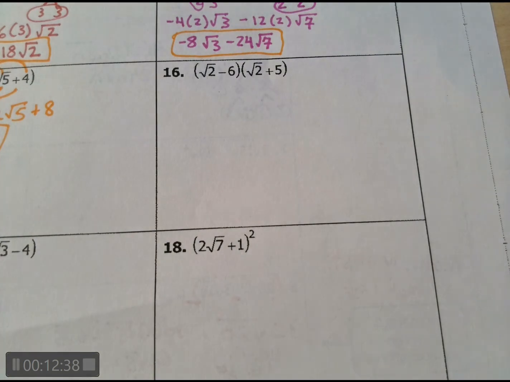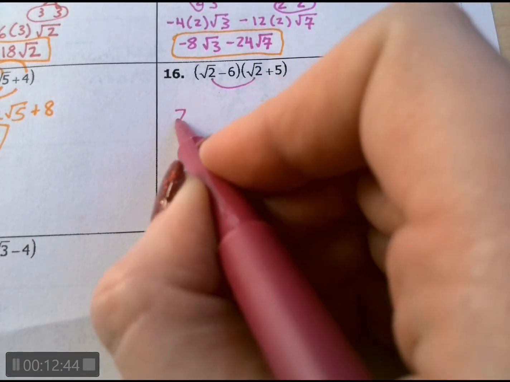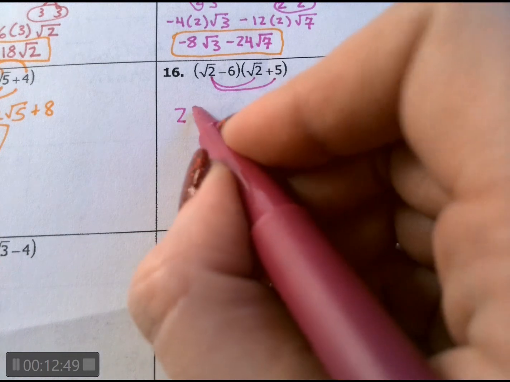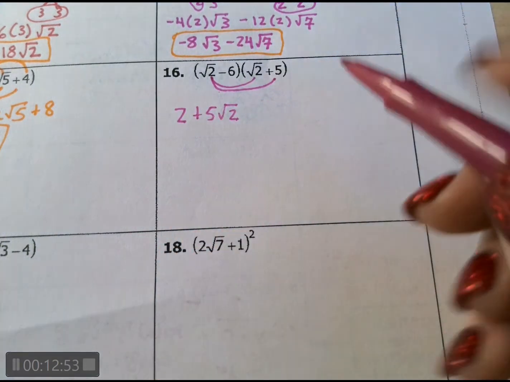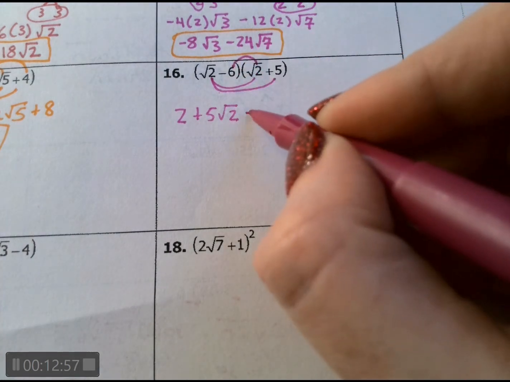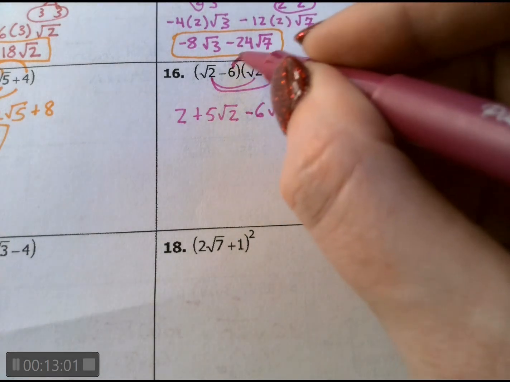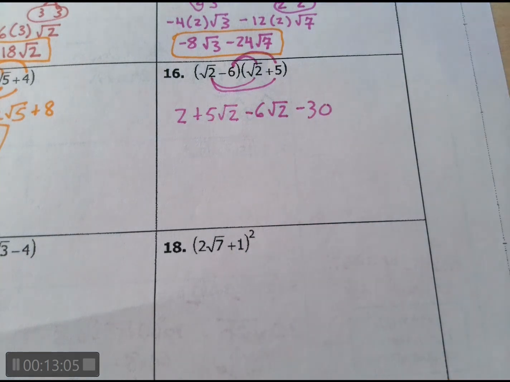Okay. So we have square root 2 times square root 2, which is just going to give us 2. And then square root 2 times 5 will give us 5 square root 2. Negative 6 times square root 2, negative 6 square root 2. Negative 6 times 5, negative 30.